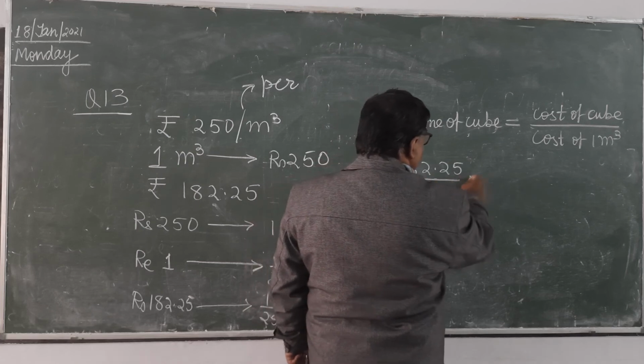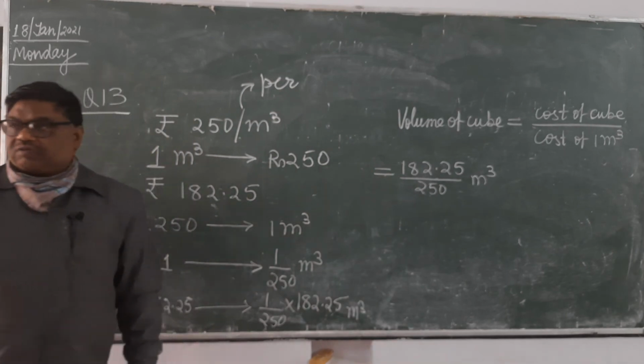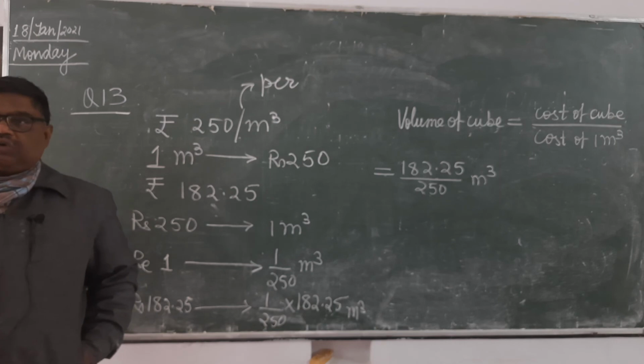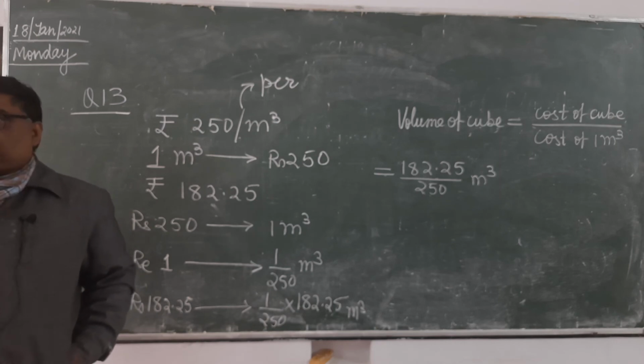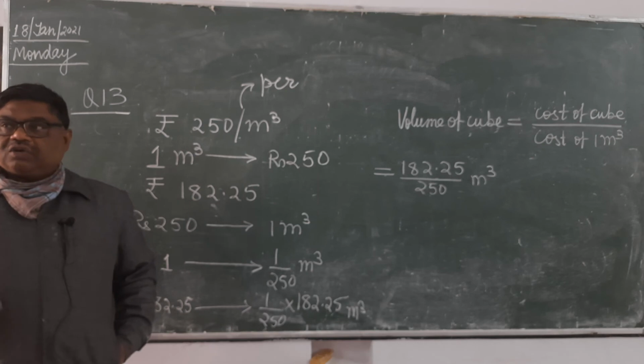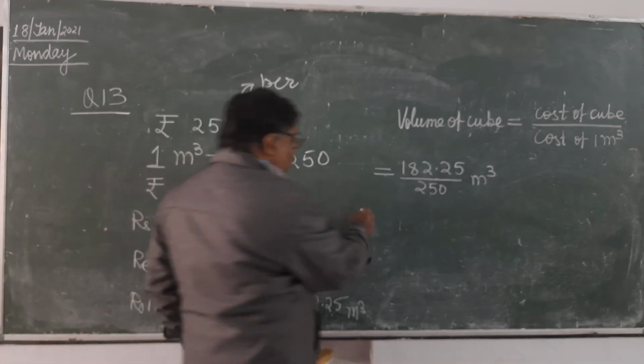This is in meter cube. How will you convert in centimeter cube? Meter cube means meter into meter into meter. How many times do you multiply the meter? 3. So how will you convert in centimeter? Into 100 into 100 into 100, 10 to the power 6. It's clear?